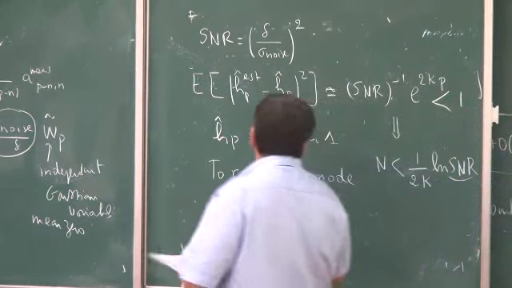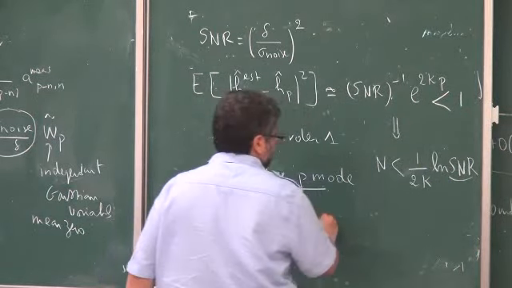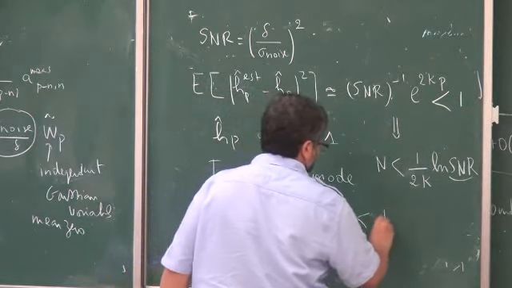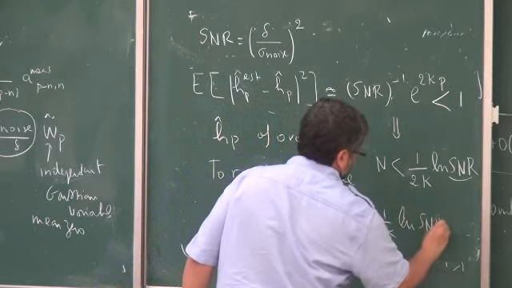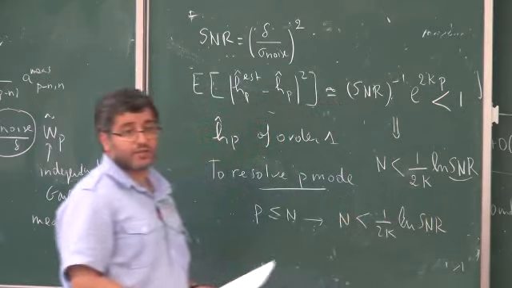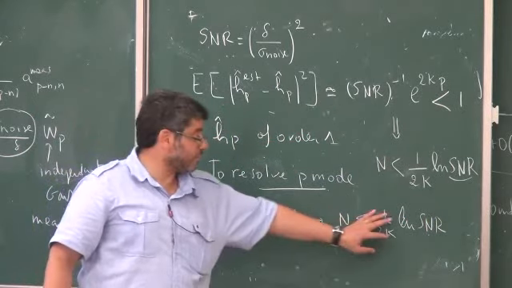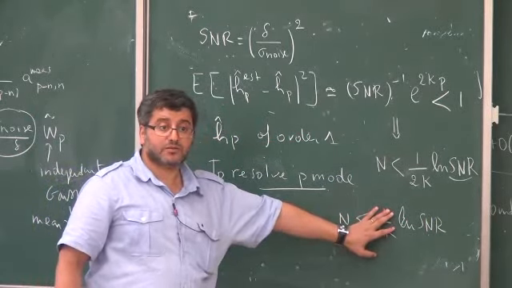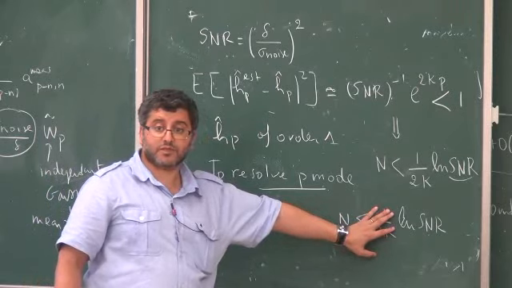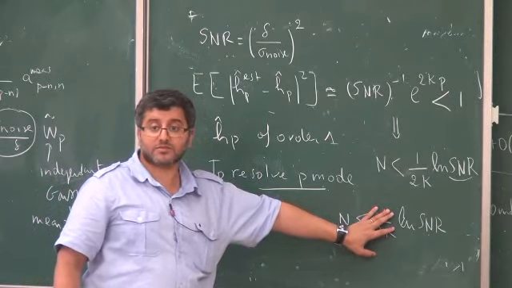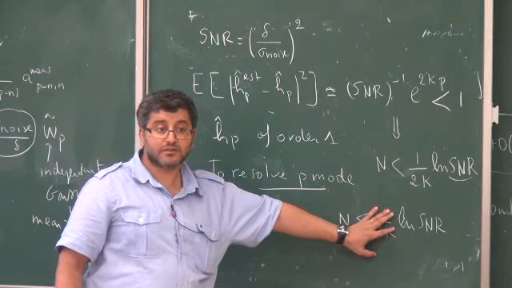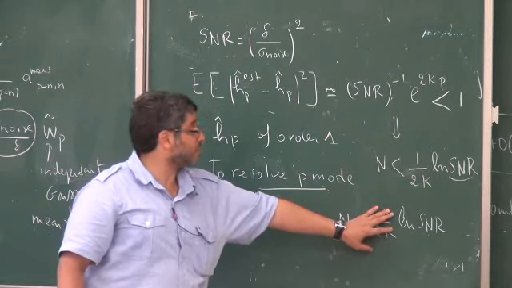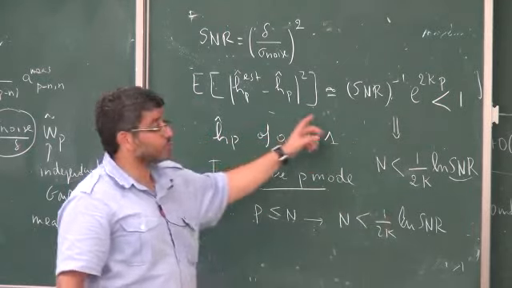In order to resolve mode p, you need the log of the signal to noise ratio to be larger than n. You can forget about this constant. In order to resolve mode 3, you need a signal to noise ratio of order 10 to the power 3. Otherwise, it's incorrect, this variance is too large.